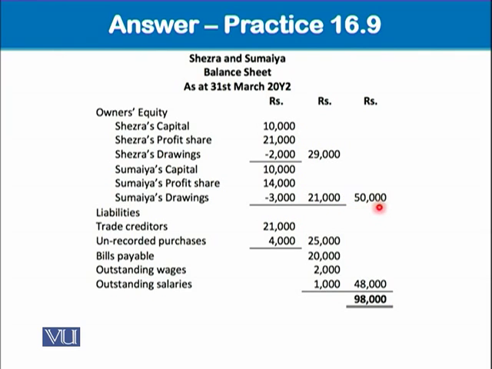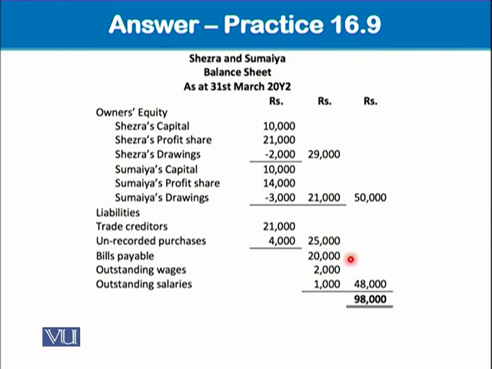So total is 50,000. Liability is creditors 21,000 and unrecorded purchases which we could not record and which was given in the adjustment. Now recorded, there is a liability of 4,000 to be included in creditors. So total liability is 25,000 for the creditors.